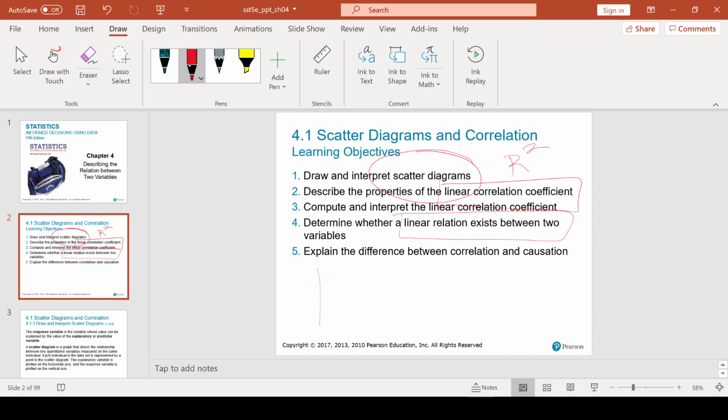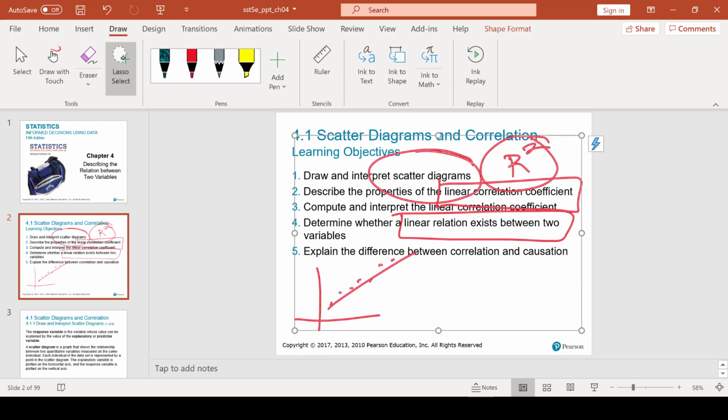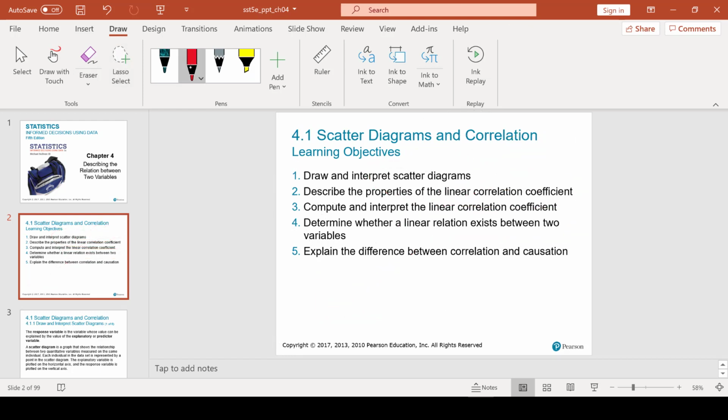One way to determine if I have a linear relationship is to graph it. And if it's kind of in a line, then I've got a linear relationship. But I can also use this R squared value to tell how strong that relationship is. And then the last thing is just because two things are correlated does not mean one necessarily causes the other.